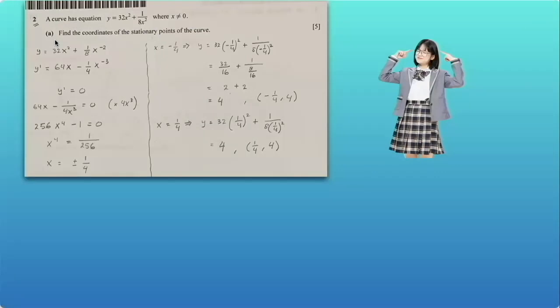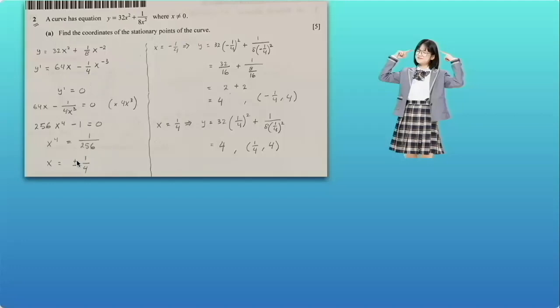In part A, we are asked to find the coordinates of stationary points. This means we need to find the coordinates where the gradient is equal to 0. So we have to differentiate first to find the gradient function, and then equate this to 0 to find the x values.